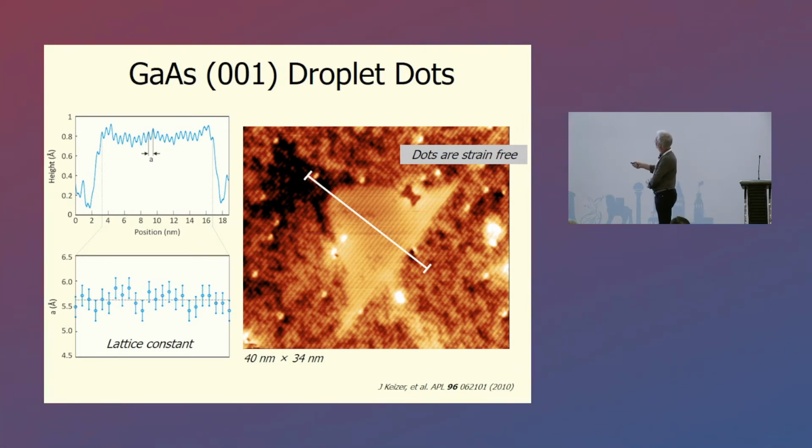If I measure the distance between the atomic planes, you can see that the lattice constant is exactly everywhere the same. So indeed, these dots are strain-free, as I promised that would be possible. And this is very different from the indium arsenide, gallium arsenide SK dots. You actually make these dots because of the strain mismatch, so these dots will always be internally strained.